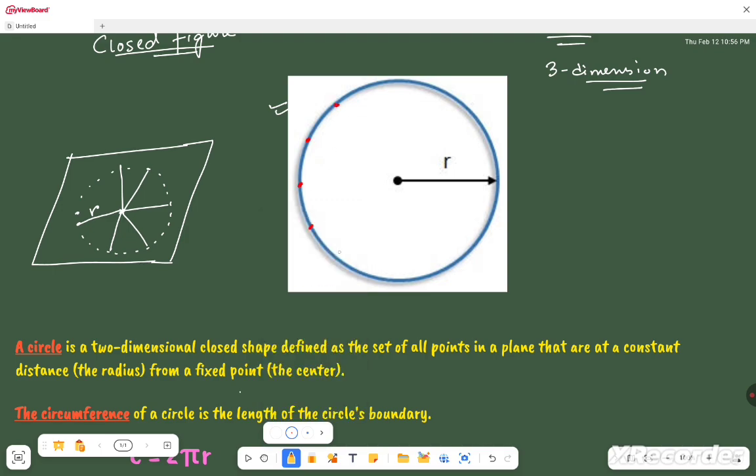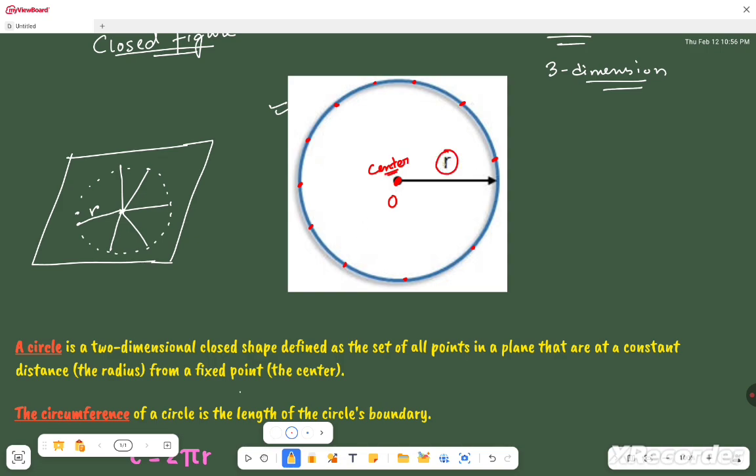Circle is nothing but the set of points which are equally distant from the fixed point, and that is the center. So this one is called the center, and we name this center as O. This one is the center of the circle.